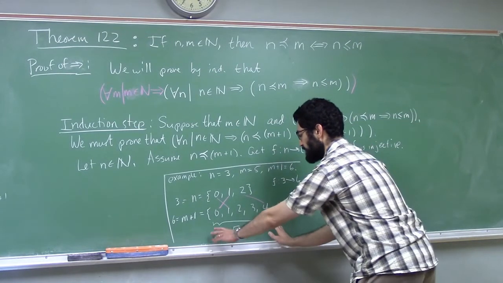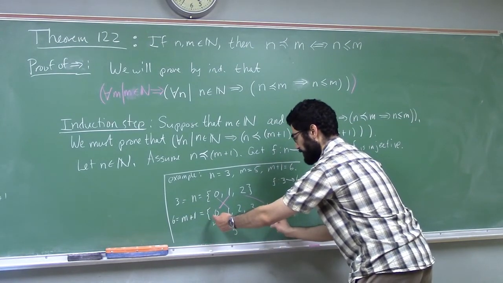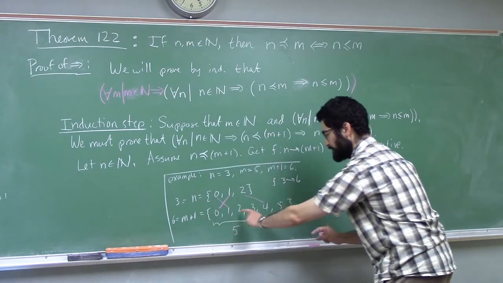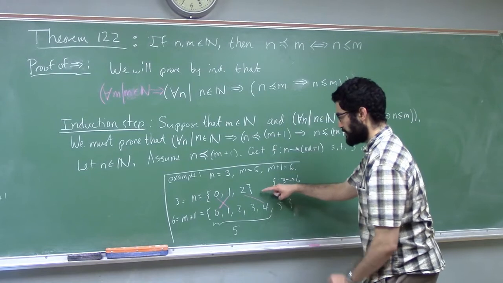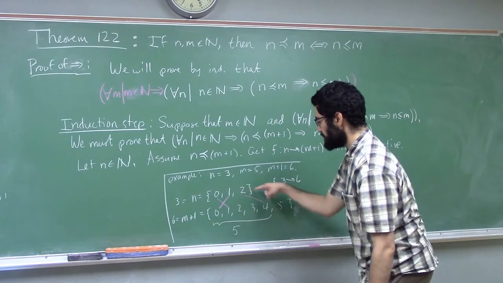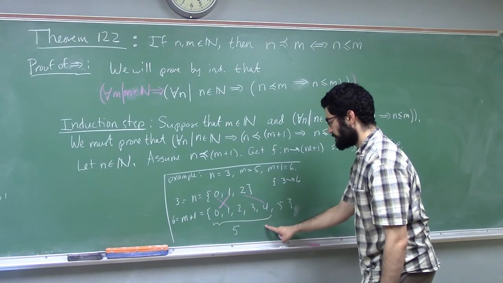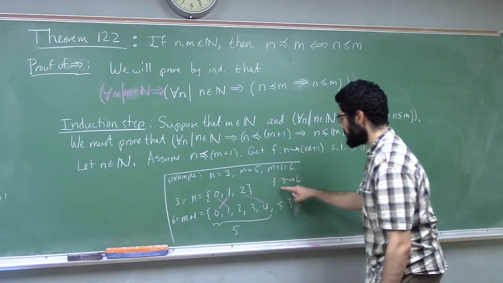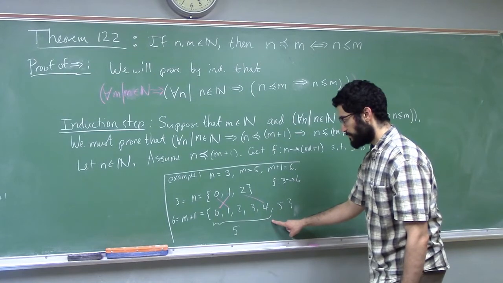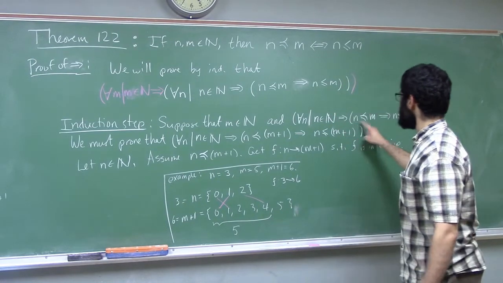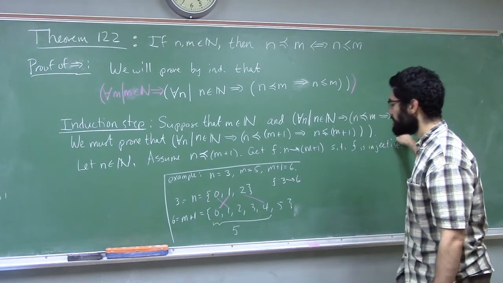So when I say this, I mean if you take the curly braces 0, 1, 2, 3, 4 curly brace, that's 5. So it looks like 3 is being injected into 5 here. Even though initially we had an injection 3 to 6, it looks like it's also an injection 3 to 5. Therefore, by the induction hypothesis, 3 is less than or equal to 5.